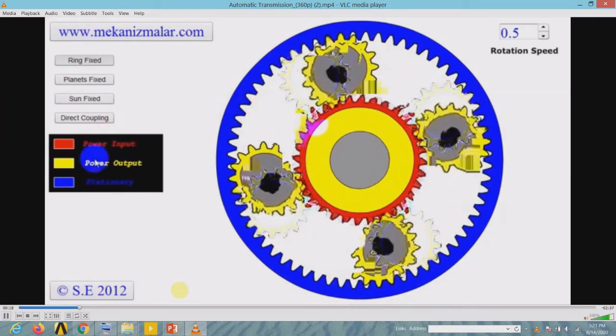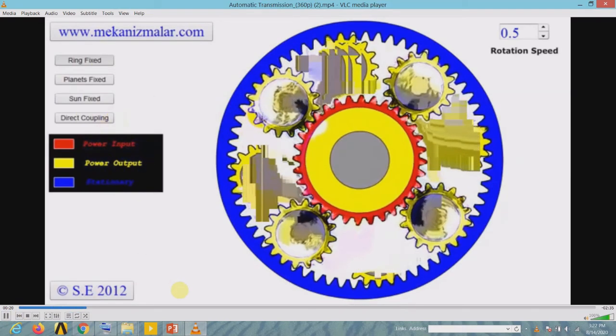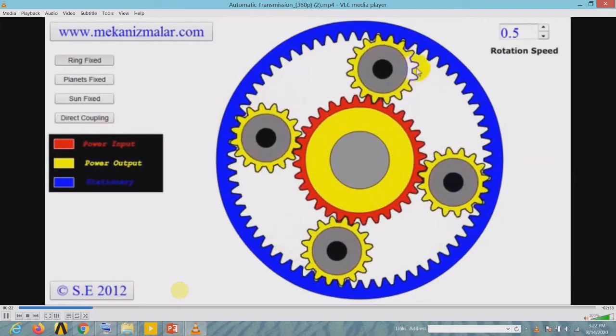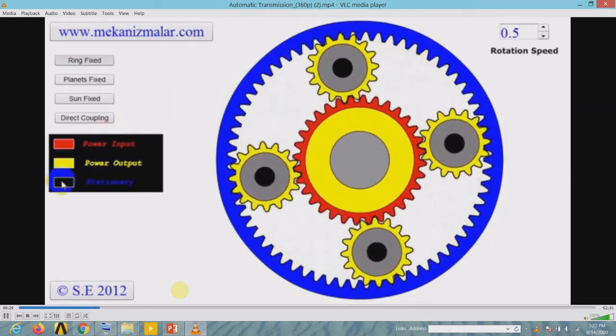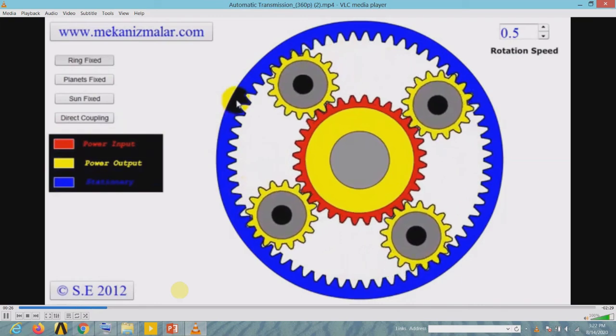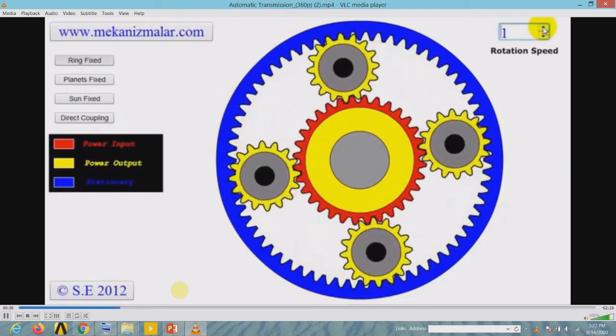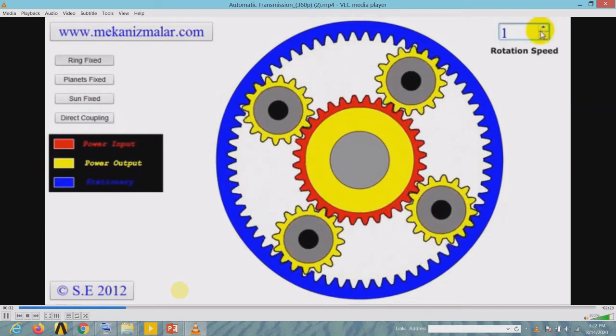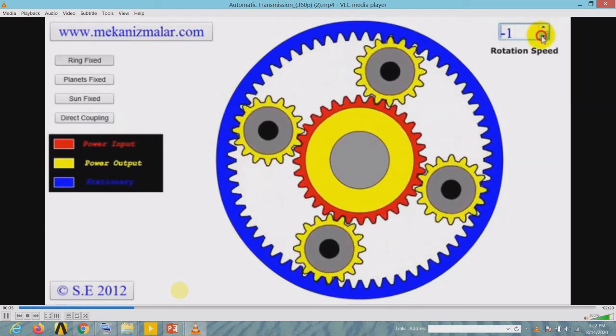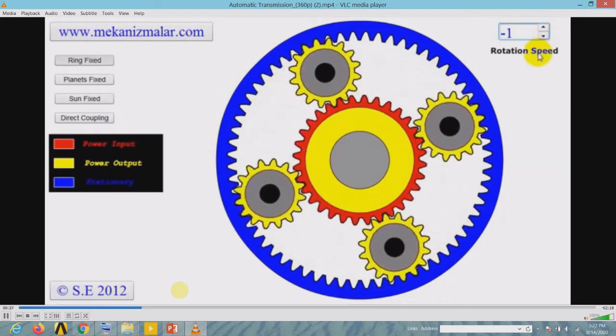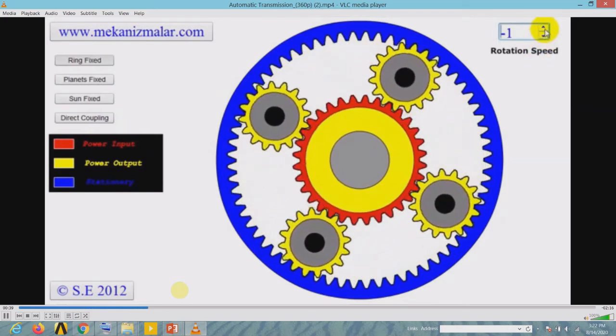So ring gear is fixed. Sun gear is rotating in counterclockwise sense, and it will rotate the planet carriers in clockwise sense, opposite direction. And planet carriers will move round the circumference of sun gear as well as inside the circumference of annular wheel. Annular ring is fixed.